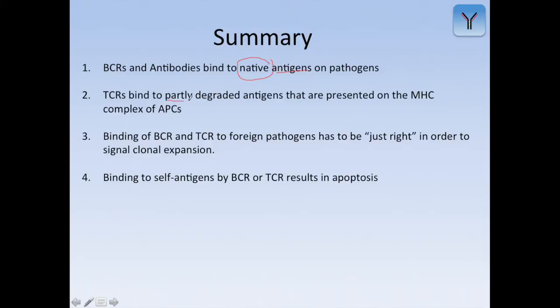So again, these are partly degraded antigens. Binding of the B cell receptors and T cell receptors to foreign pathogens has to be just right. Think about Little Red Riding Hood again. It has to be just right in order to signal clonal expansion. Binding to self-antigens of any sort by the B cell receptors or T cell receptors results in apoptosis, essentially cell death.